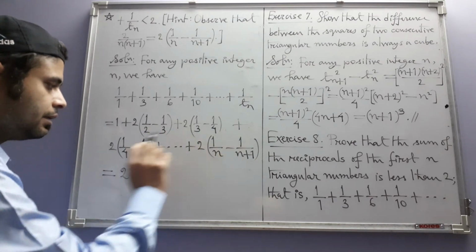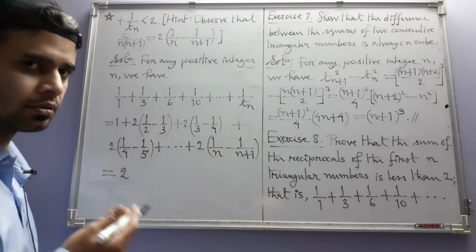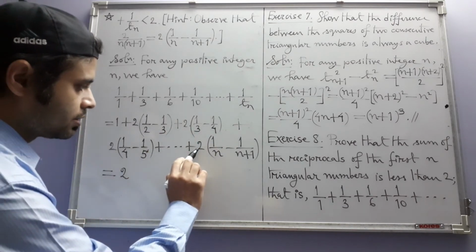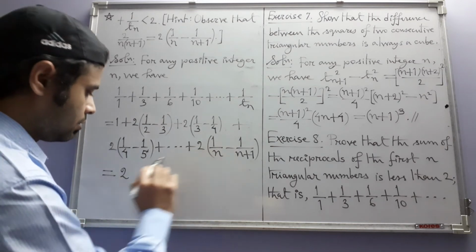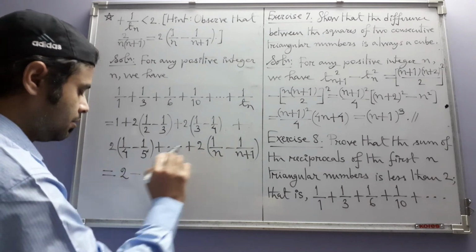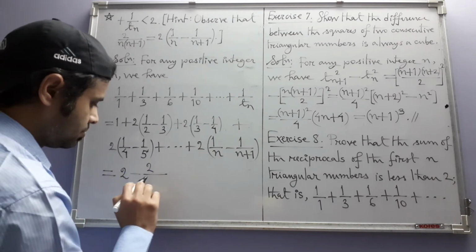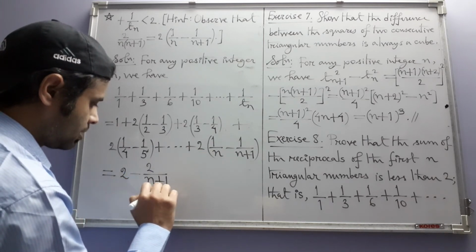The other intermediate terms get cancelled. In fact, this 2 over n also gets cancelled. We are only left with minus 2 over n plus 1.